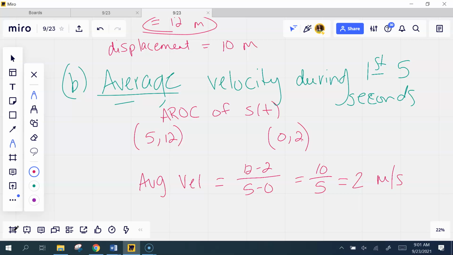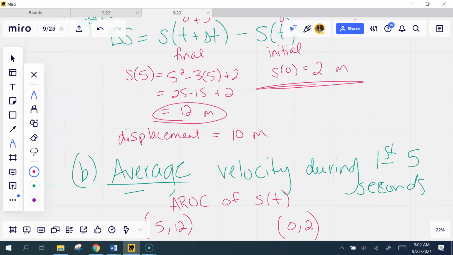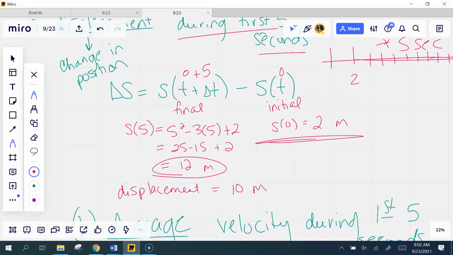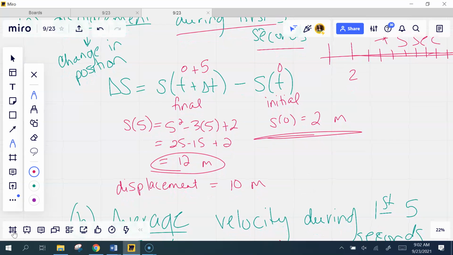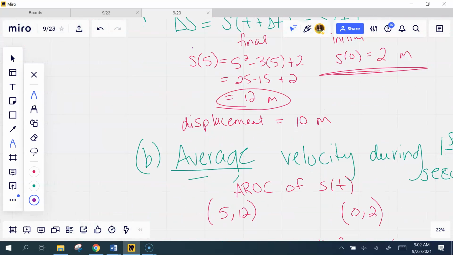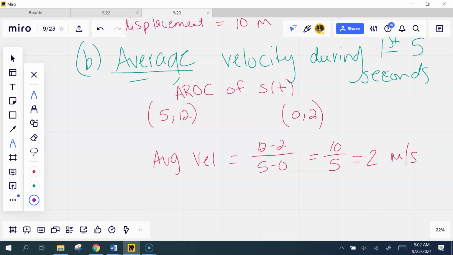Wait, so that's the answer? That's the answer. Oh, so A-Rock's the same way. Average velocity. Look, I'm going through each of these because particle motion is just really a bunch of formulas you're doing. So displacement is change in position. Average velocity is a rock.